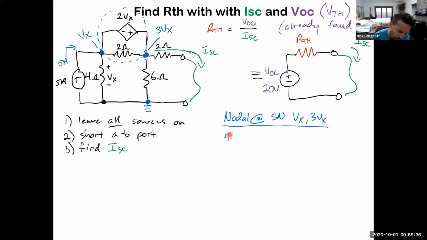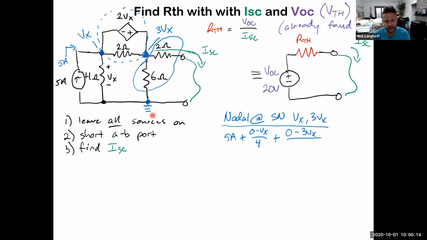So we've got 5 amps coming in, plus, still on the Vx side, 0 minus Vx over 4, plus now on the 3Vx side, we've got 0 minus 3Vx over, now what I'm going to do is note that the 6 ohm and the 2 ohm resistor have both of their nodes connected to the same terminals. They share the 3Vx node here, and they also share ground on the other side.